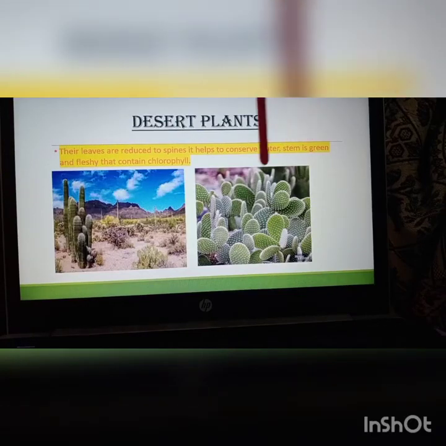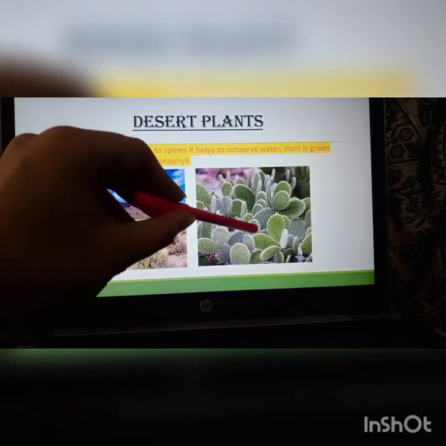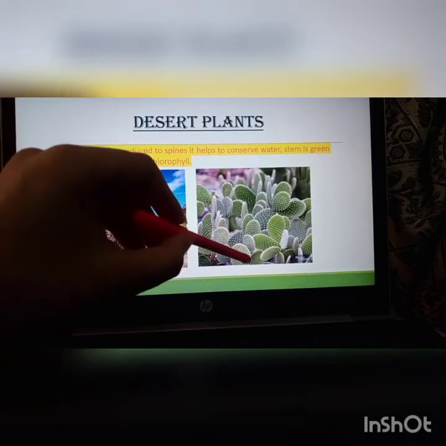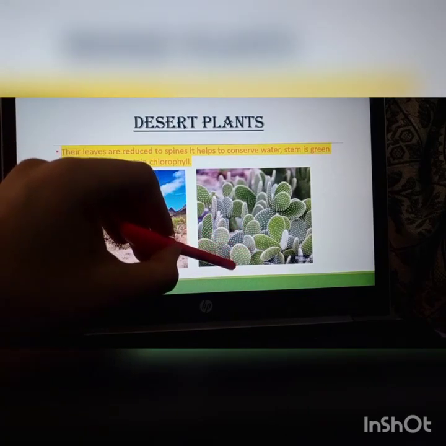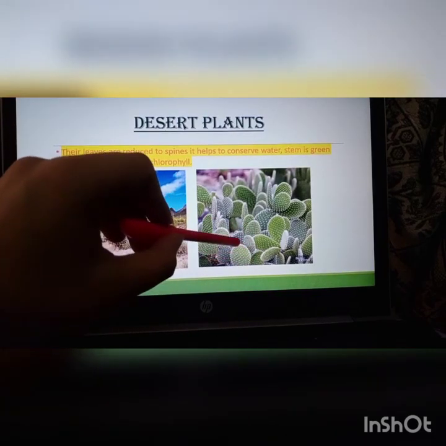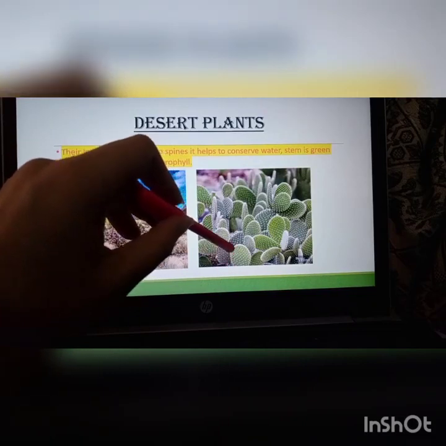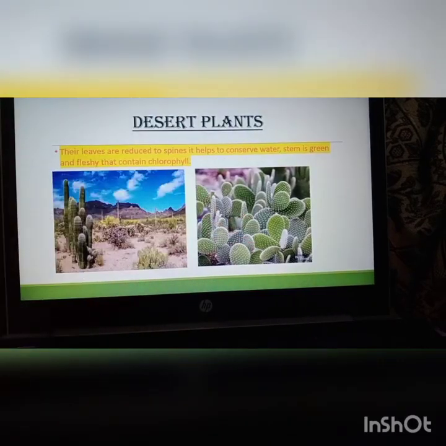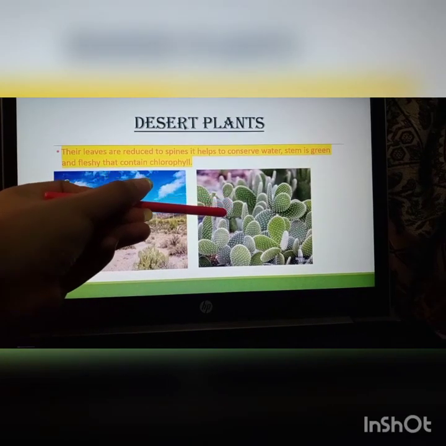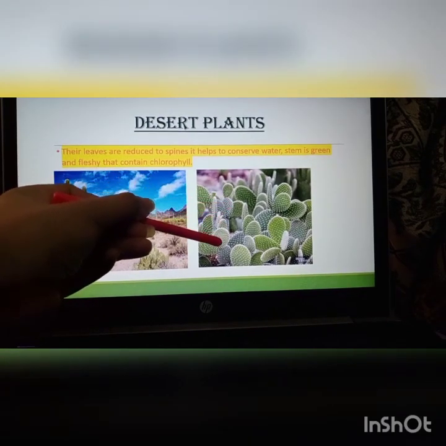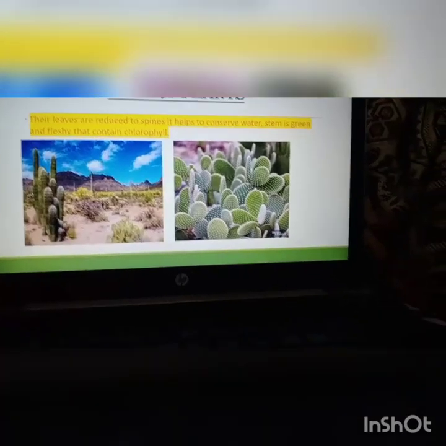And their stem is green in color. The rounded structure that you can see in this image is actually the stem of the plant, and it is green in color, and it is fleshy in nature. Fleshy means filled with liquid, and it contains chlorophyll, and this chlorophyll helps the plant in the process of photosynthesis. So just look carefully at this image, students. Let me give you a closer look.